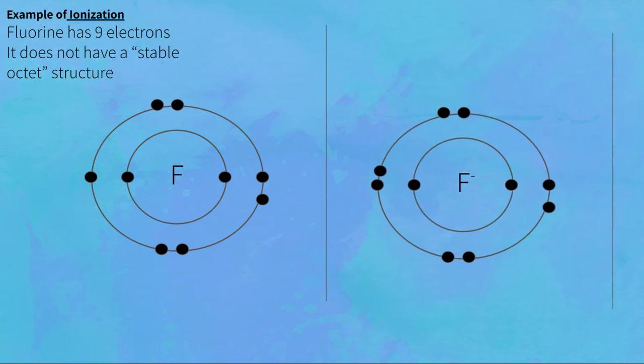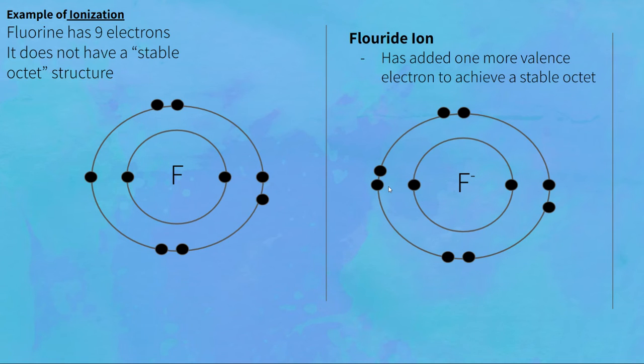So what ends up happening is fluorine will go from this structure to gaining another electron and becoming fluorine with a negative charge because I gained 1 negative electron. So the fluoride ion, we call it, has 1 more valence electron and now has reached its stable octet.